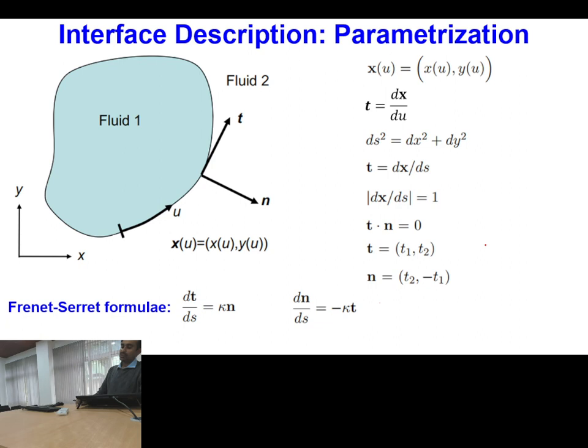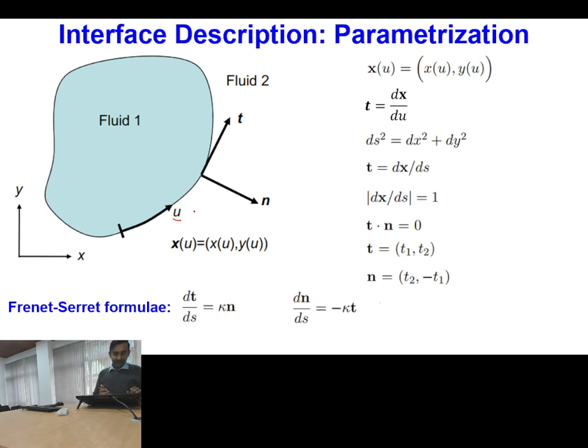The second method is parameterization. In terms of parameterization, we define some parameter which is able to give us the values of x and y corresponding only to the interface. Is this point clear?